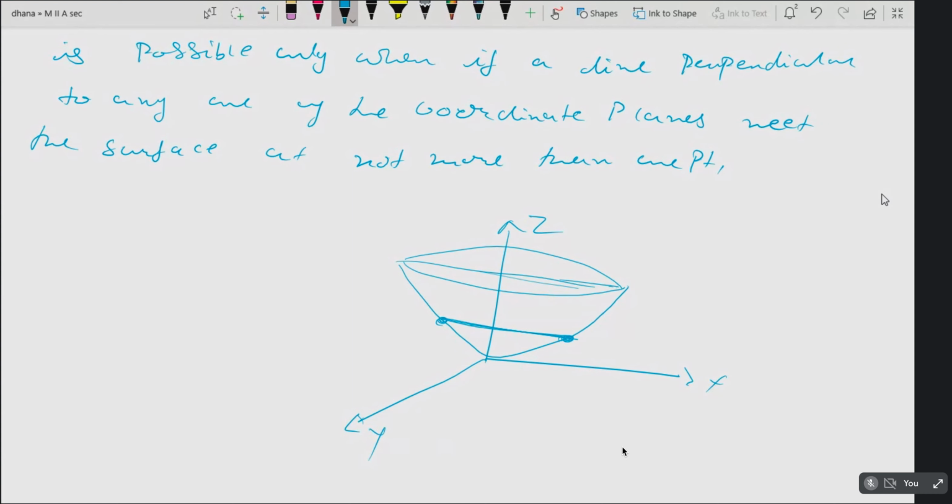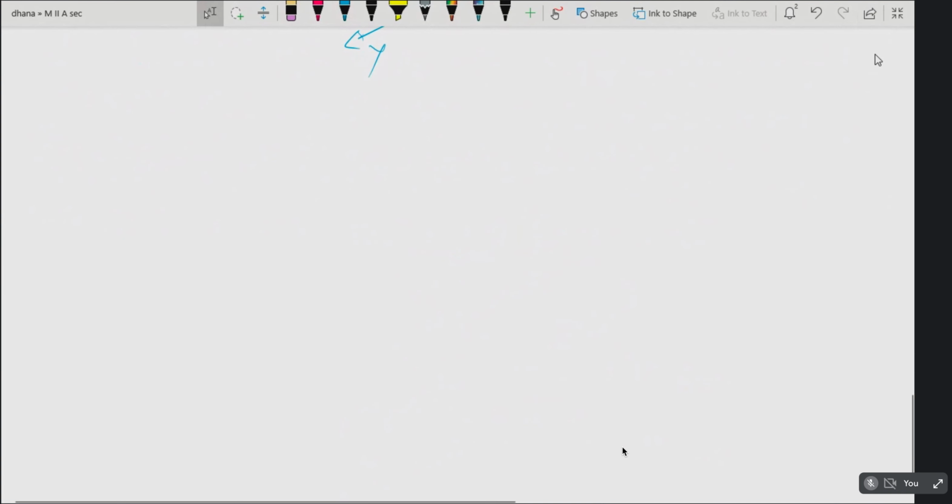You have to choose a plane such that a line perpendicular to that coordinate plane meets the surface only at 1 point. Now suppose the surface does not satisfy this condition, that doesn't mean you will not solve the problem. Still you have to do it. How will you do it?